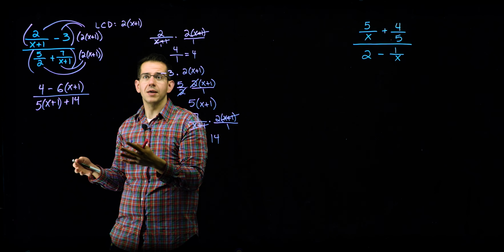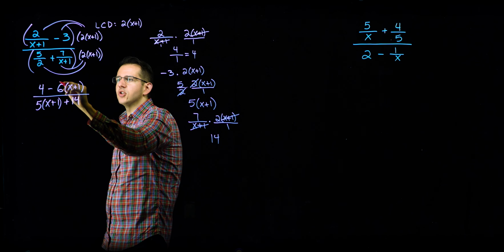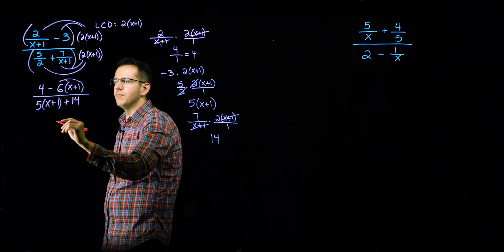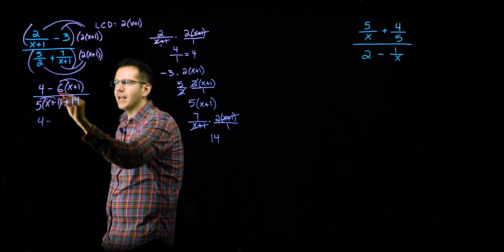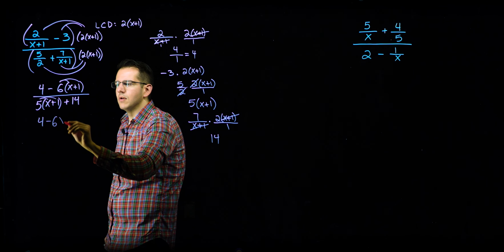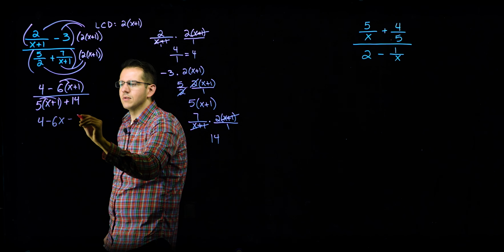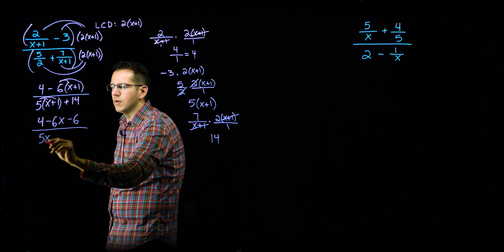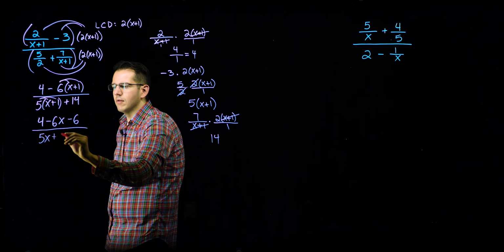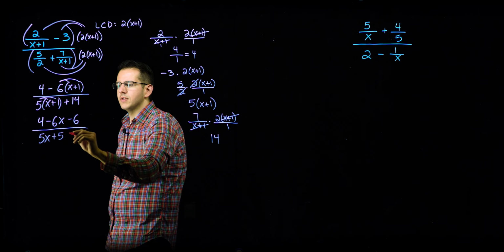We'll start by distributing this -6 and distributing this 5 to get 4 minus 6x minus 6 over 5x plus 5 plus 14.